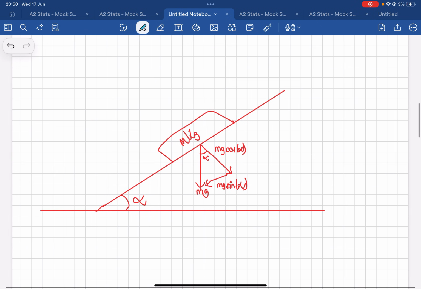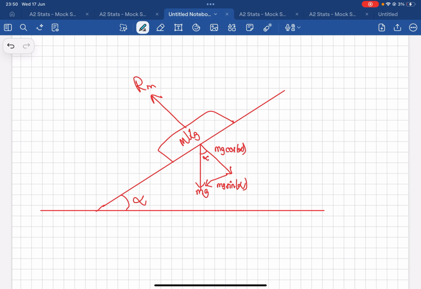Now if we check out the reaction force, that just acts perpendicular to the plane it's on. So let's call this R. And we've also got friction acting on the slope.